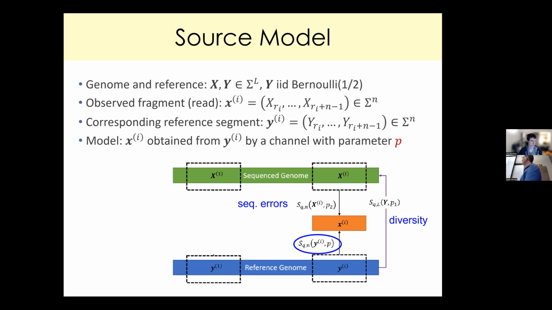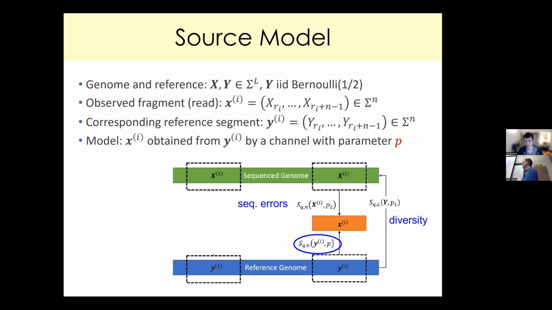In our model, we have X and Y, which are long sequences, capital X and capital Y. Here we assume that Y itself, the genome, is IID Bernoulli half. This is not a mandatory assumption, but it's useful for analysis. Now what we get is a read that is a fragment of the long X. And we are told that there is some segment in the long reference Y, which we call small y, that is similar.